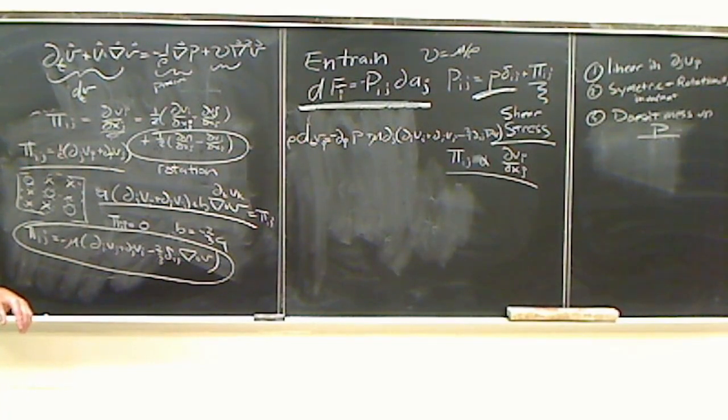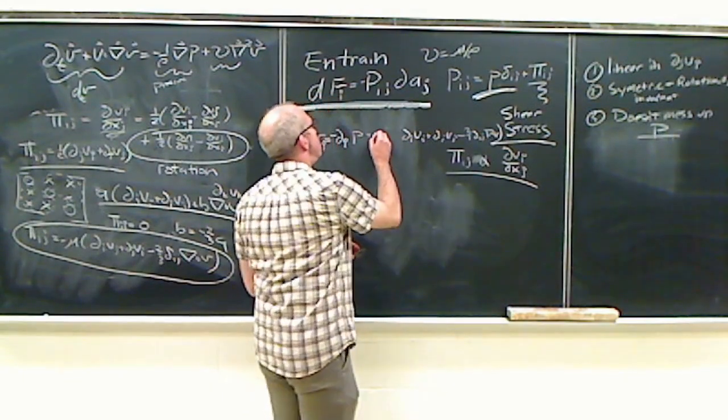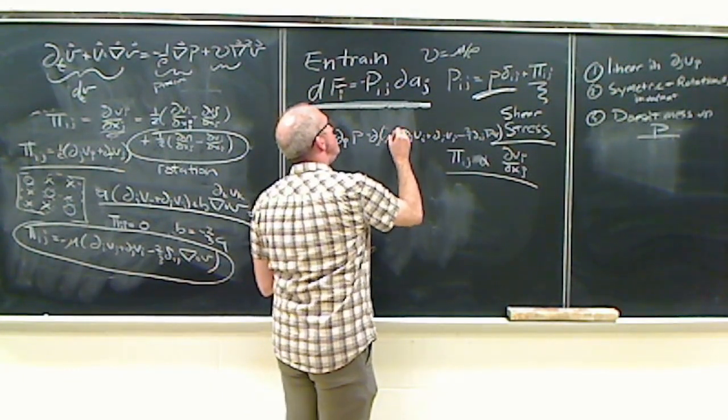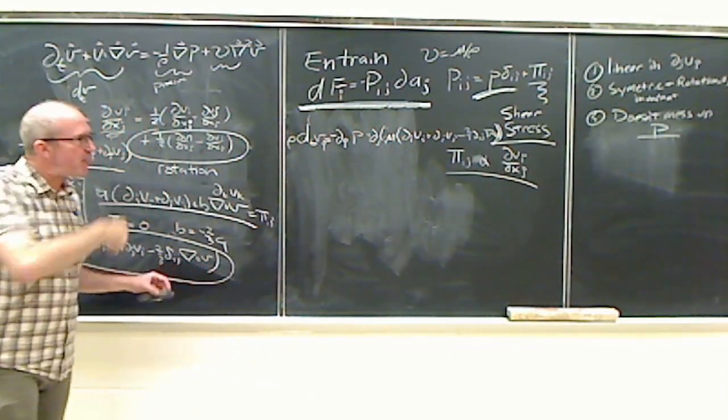Oh, I'm sorry, I wrote this wrong. It's d_j, mu times all of this. So I haven't said why I can take the mu out.